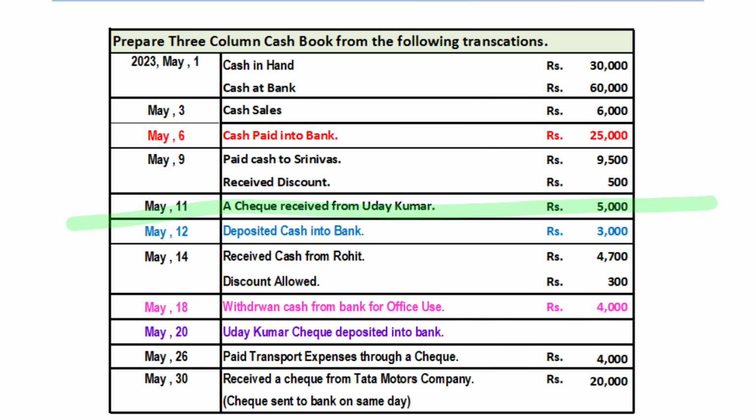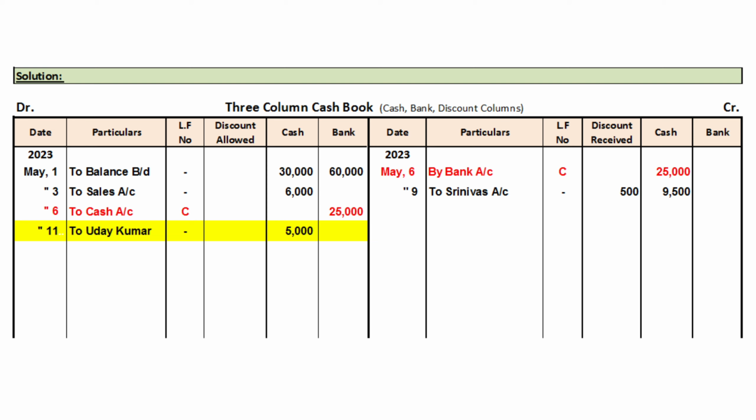Now observe the May 11th dated transaction. A cheque received from Uday Kumar rupees 5,000. So that is an incoming cheque, that means a cheque received from other persons by the organization. Whenever we receive cheques from other persons, we must observe whether information about cheques sent to the bank on the same day is given in the problem or not.